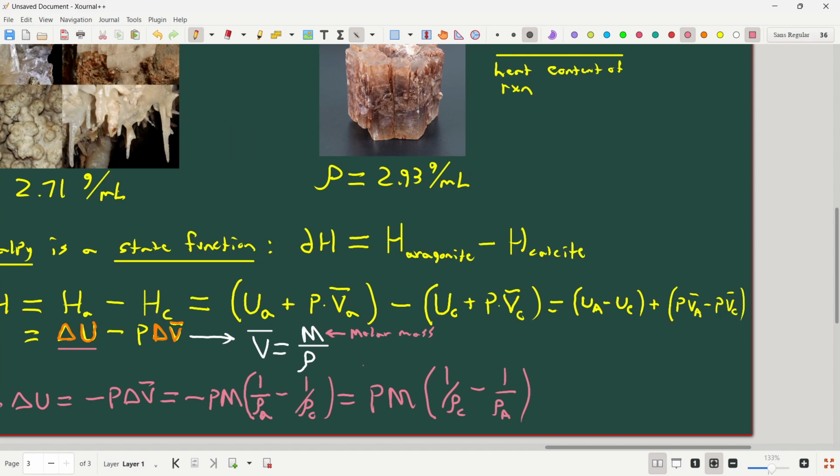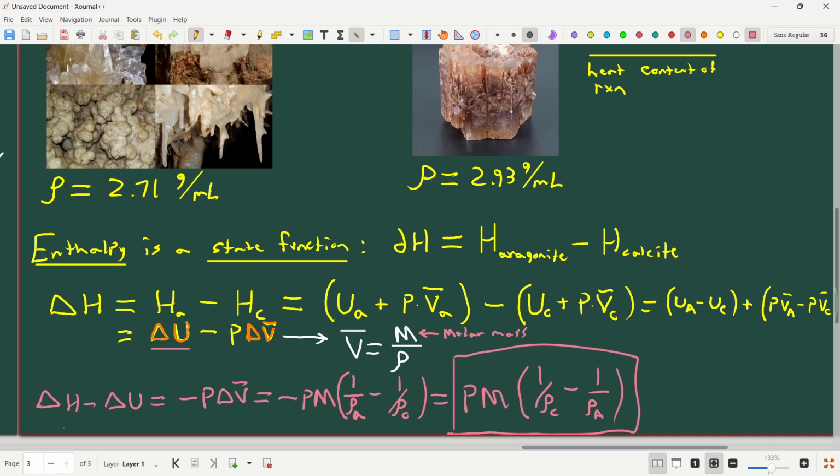Okay, I'm going to have to put a new page on here. So this is our formula for the difference between the enthalpy and the total energy, right? It's going to tell us something about our system. And as you can see, it's proportional to the change in the densities, right? Sorry, it's not the heat content, but rather this is the PV content. Delta H is the heat content.